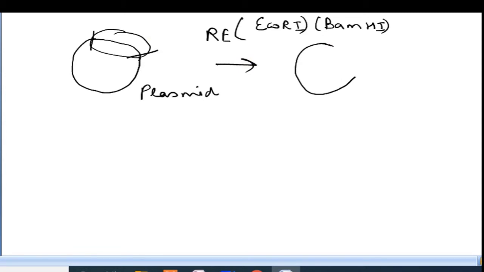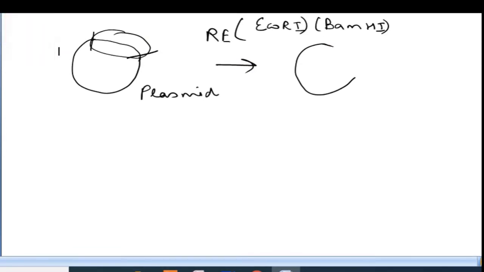So how will this look when you add your gene of interest? You can add your gene of interest over here. So this is the gene that would code for insulin for humans, right? You have to prepare the insulin for humans.